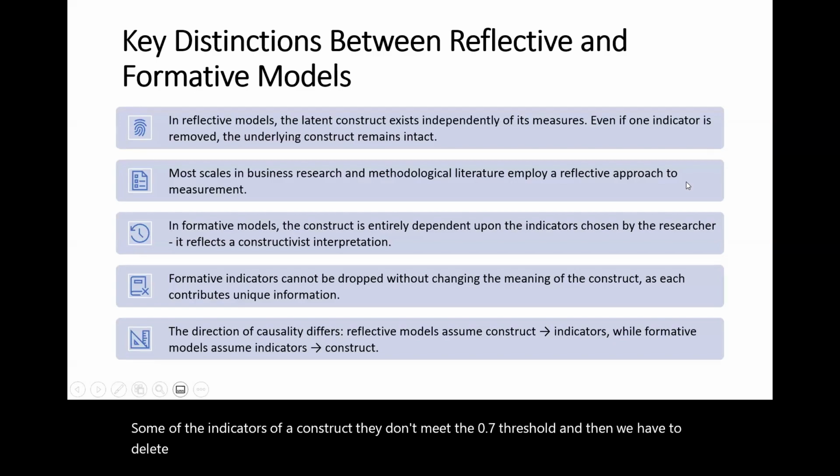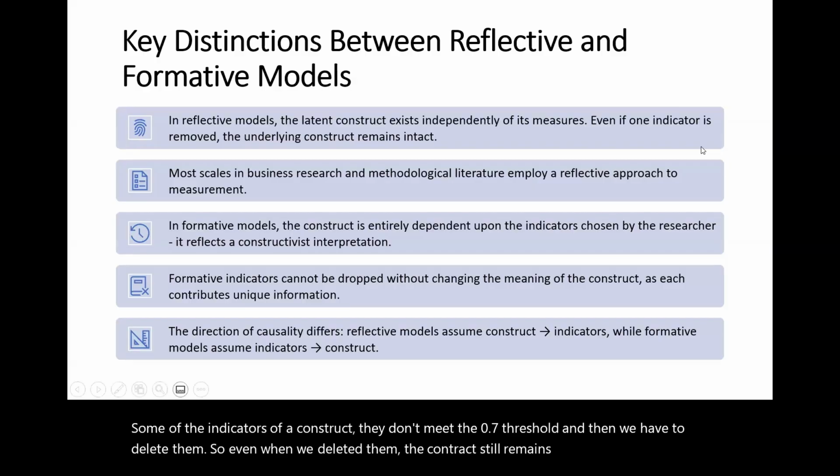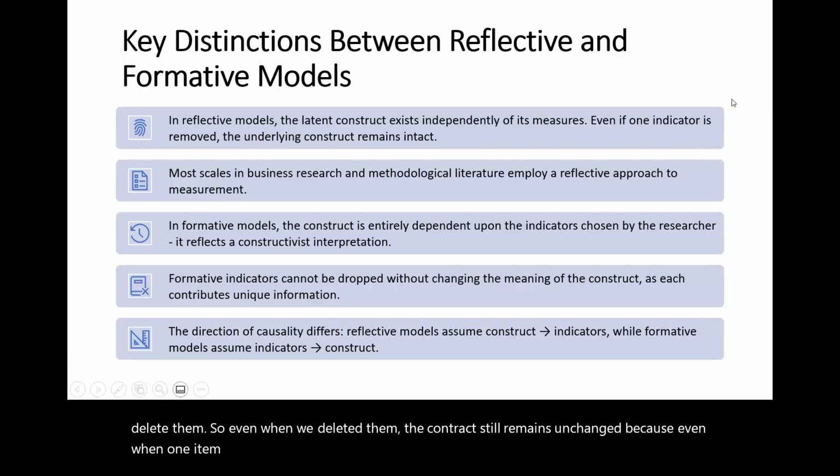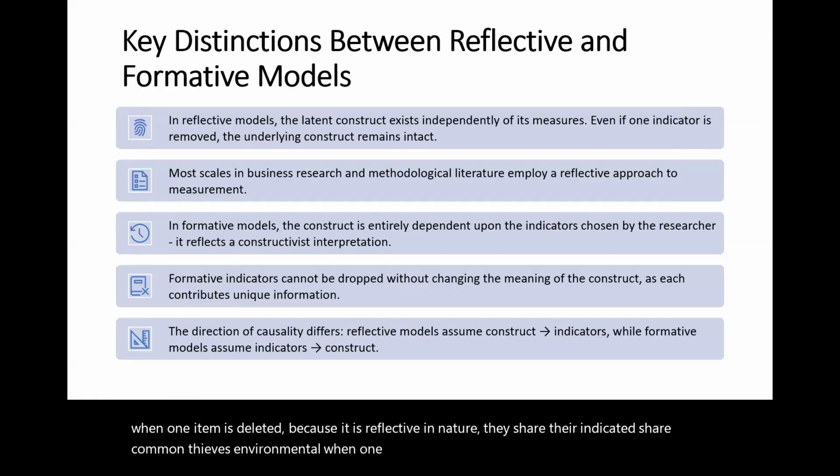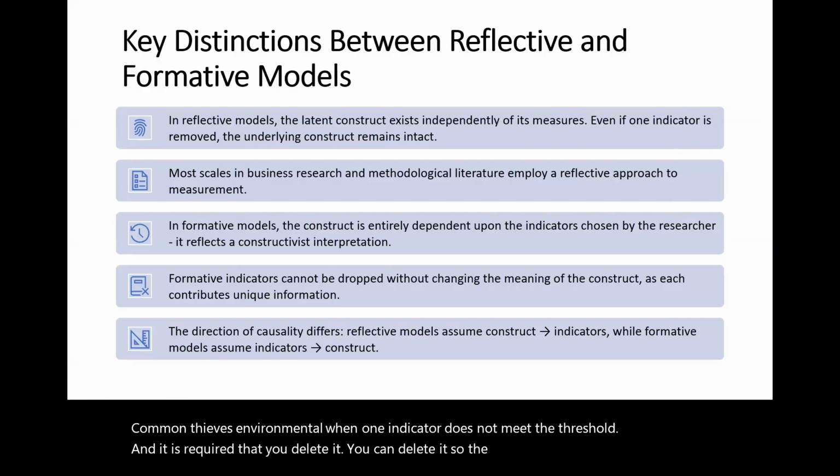Even when we deleted them, the construct still remained unchanged, because it is reflective in nature and the indicators share common themes. And for that matter, when one indicator does not meet the threshold and it is required that you delete it, you can delete it. The construct on itself remains intact, all right?